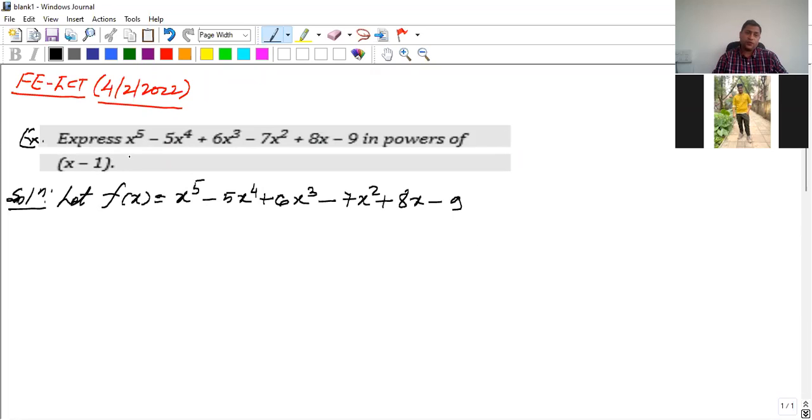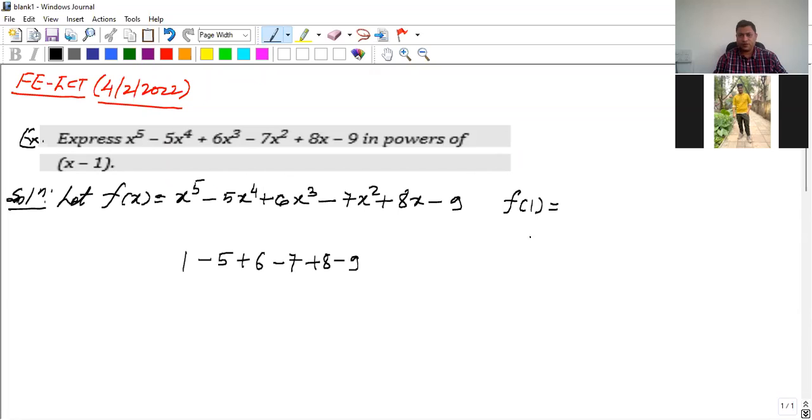Now we can see we have to express this in terms of x minus a. So if we want it in terms of x minus a, here the value of a is going to be 1, and hence we have to find out what is f of 1. So what will be the value of f of 1? You can calculate: this is going to be 1 minus 5 plus 6 minus 7 plus 8 and minus 9.